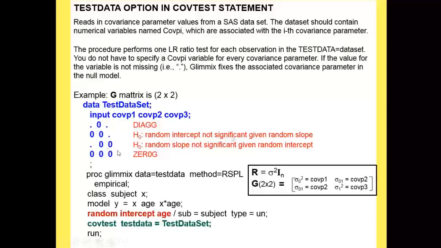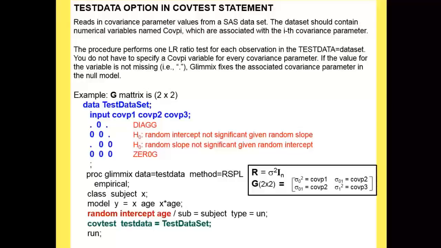And if you specify .00, what you're basically doing is saying, I'm going to test whether I don't need the random slope, but I'm allowing myself to keep the random intercept. In other words, I'm testing whether I can have a random intercept without a random slope. That's testing some subset of the two variance components that are in the G matrix.